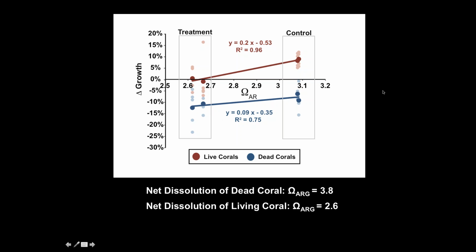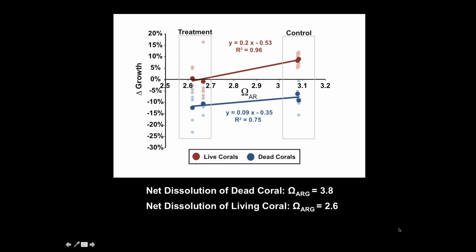So what this suggests to me is that maintaining living coral tissue is critical for protecting coral reefs, because an aragonite saturation state difference of 1.2 is pretty massive.